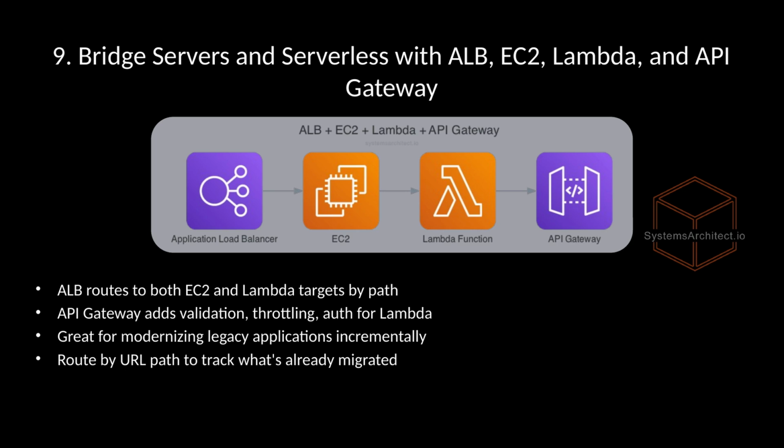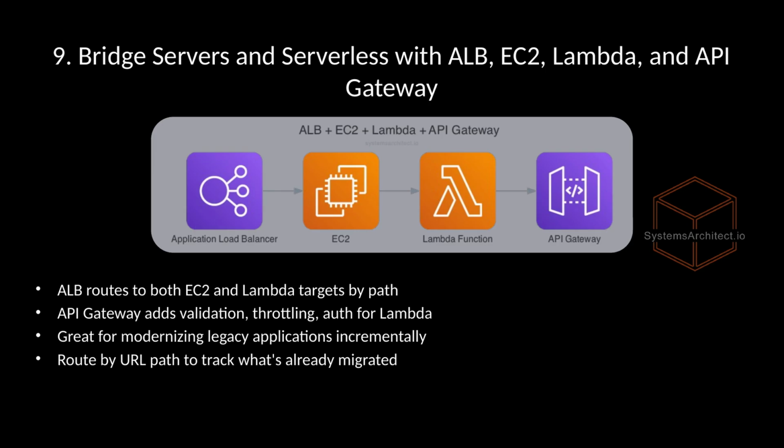An ELB can route requests directly to Lambda functions alongside its EC2 targets, using path-based rules, while API Gateway fronts the Lambda side with its own validation, throttling, and authorization. That flexibility makes the pattern useful for migration.